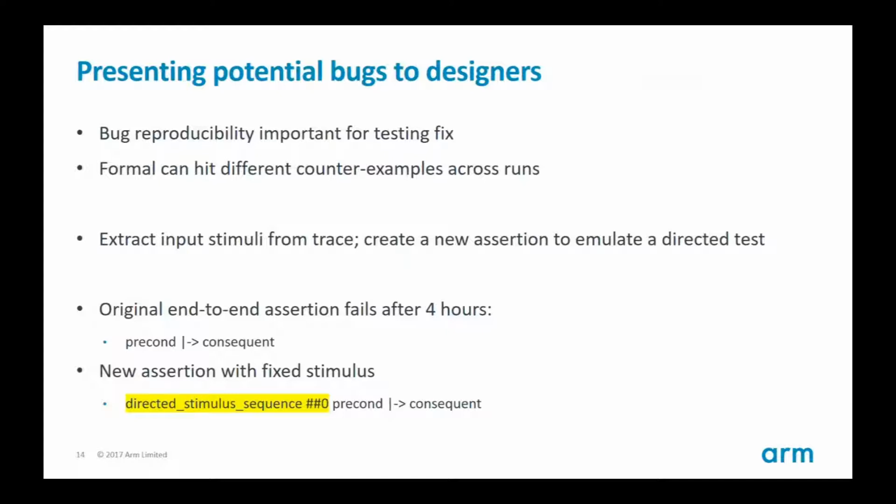And the second goal was to make the failure more reproducible. And the way that was achieved was, if you see the highlighted section at the bottom, the directed stimulus sequence was captured from the original trace for key signals in the design, and that was added in the precondition of the original assertion that failed. An interesting methodology here.